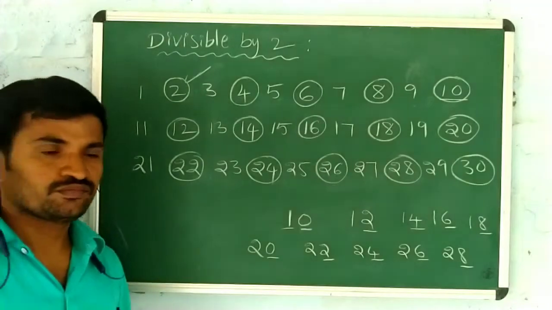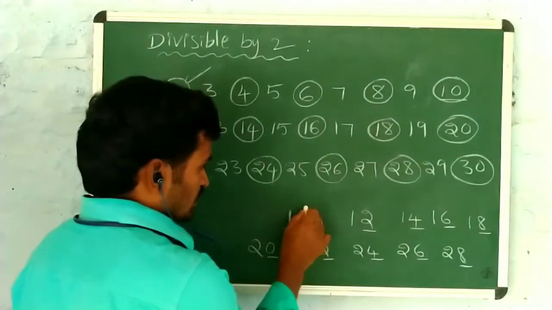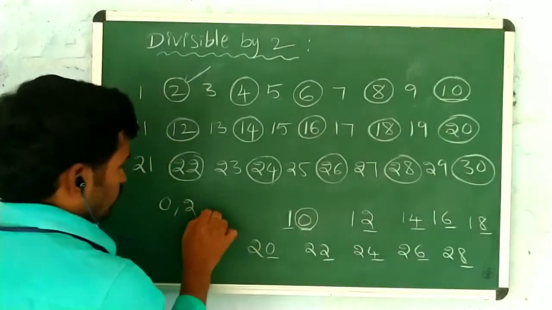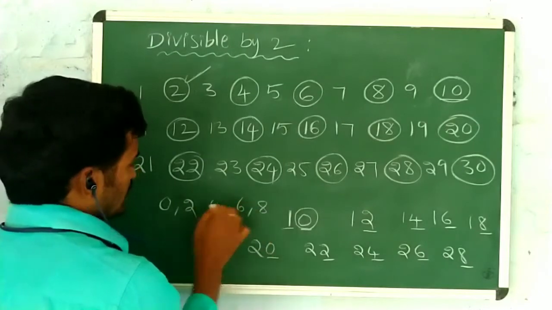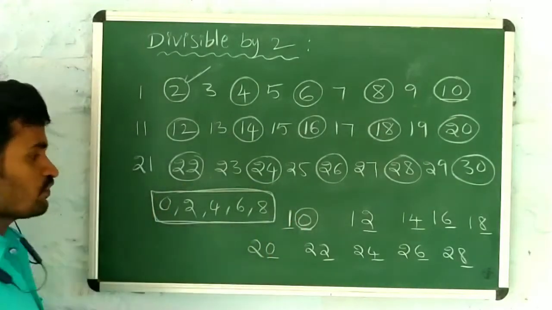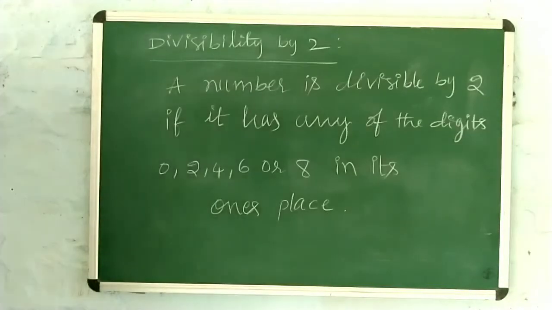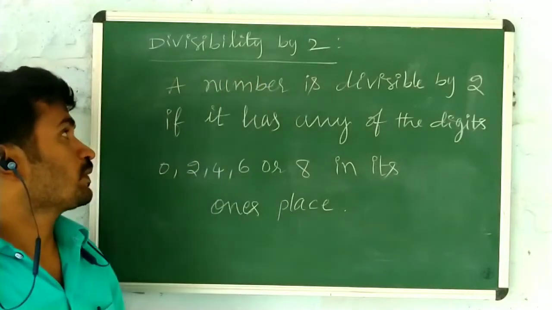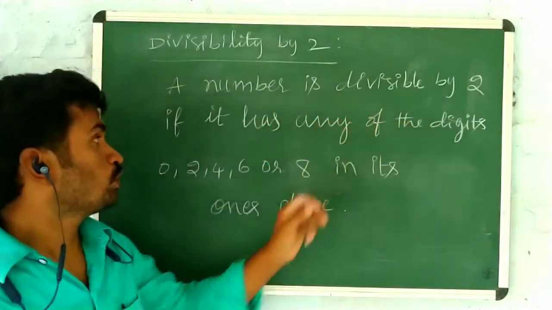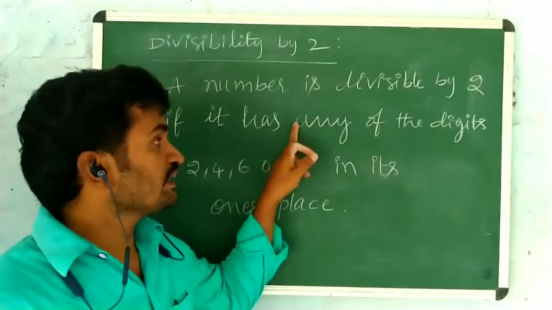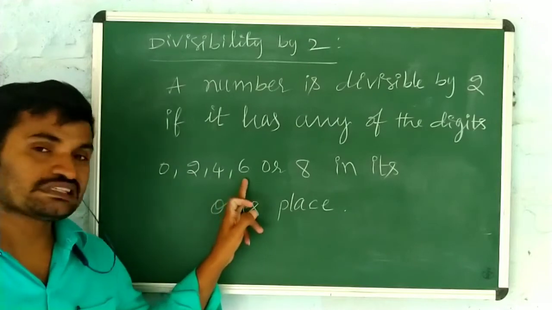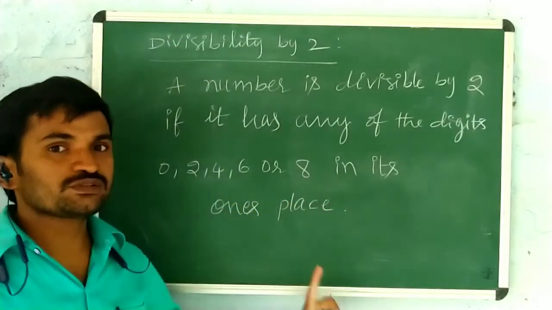What do we observe? In this, ones place digits 0, 2, 4, 6 and 8 are the only ones repeating in ones place, whatever numbers you take. So this is the divisibility by 2. What is divisibility by 2? A number is divisible by 2 if it has any of the digits 0, 2, 4, 6 or 8 in its ones place.